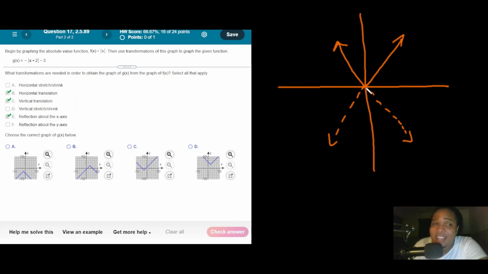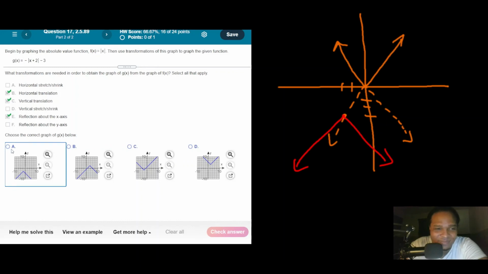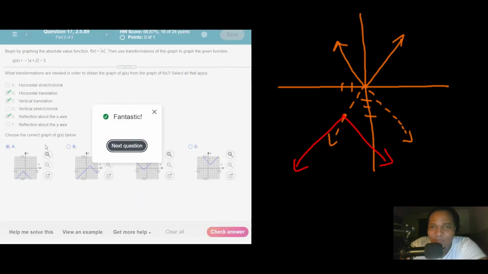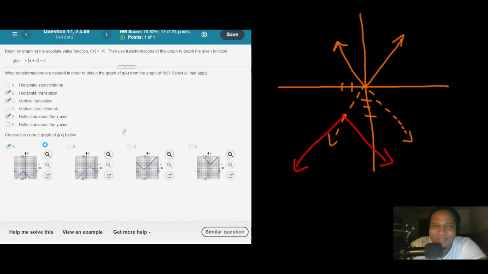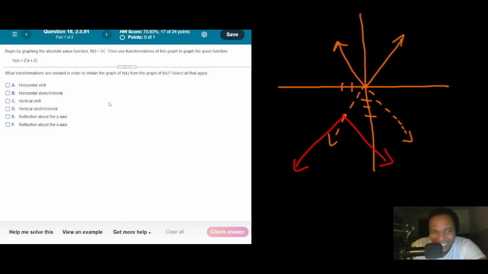Reflect first, and then we apply the shift. Left 2, down 3. So we're here now. Something like that. Let's just keep moving. Sorry about that.